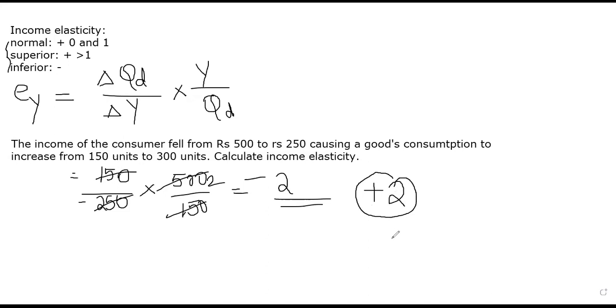If it was between 0 and 1, for example 0.54, then the commodity will be a normal commodity. So here the sign matters, and the value of the elasticity also matters for income elasticity. Is this clear? Income elasticity is clear, right?